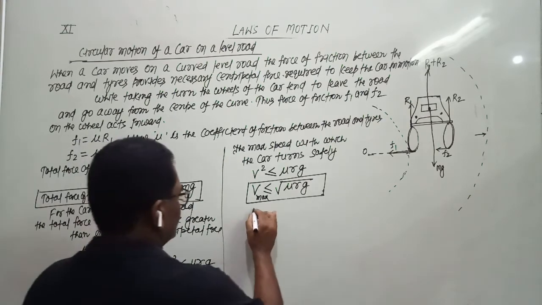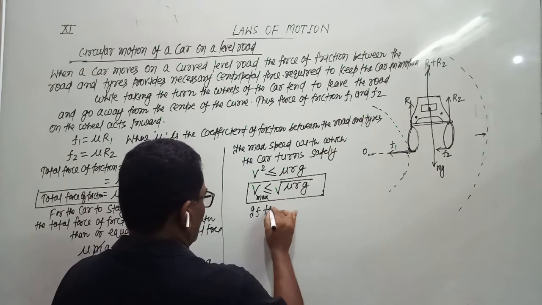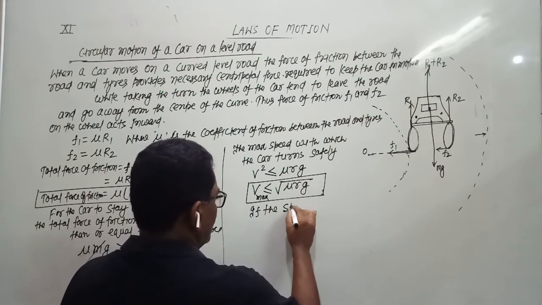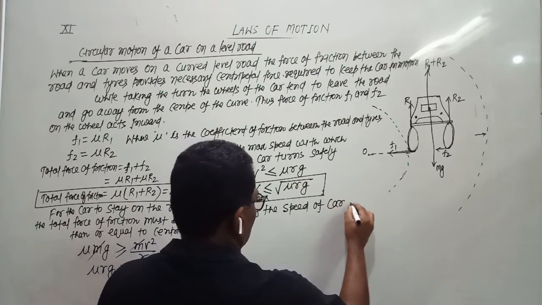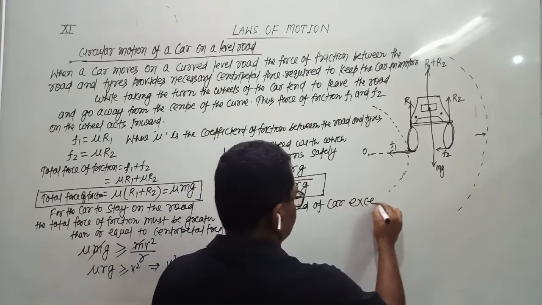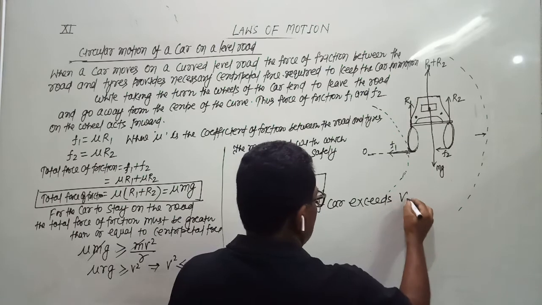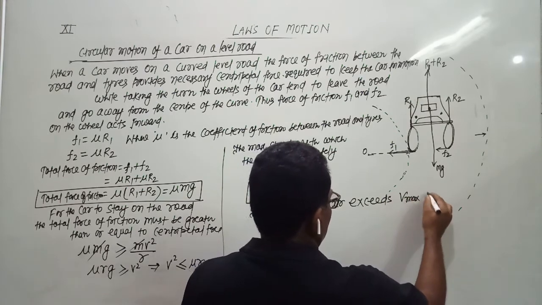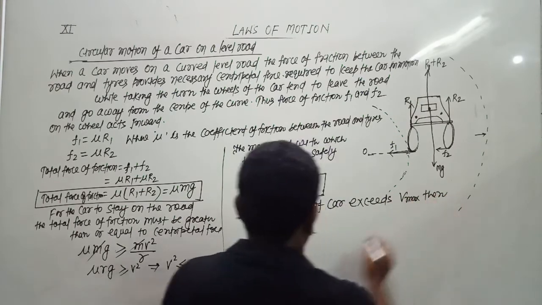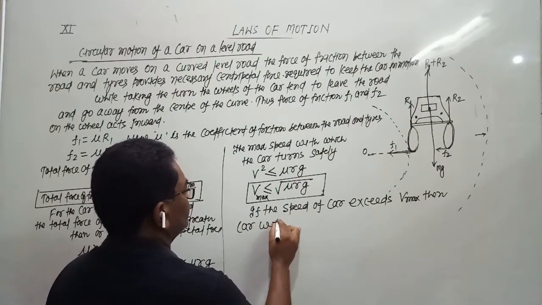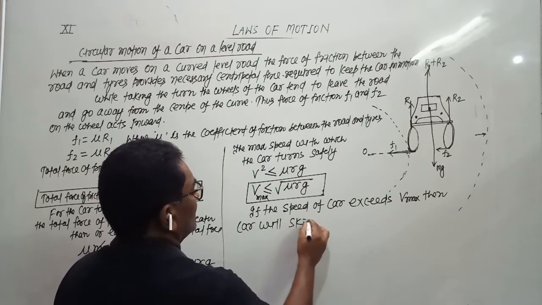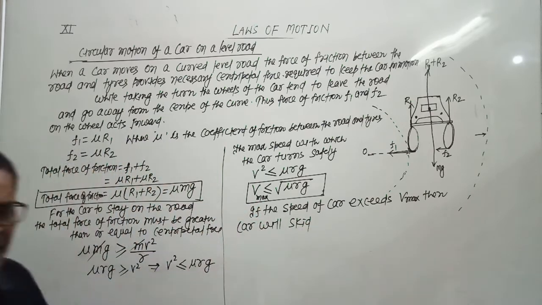If the speed of the car exceeds v maximum, then the car will skid.